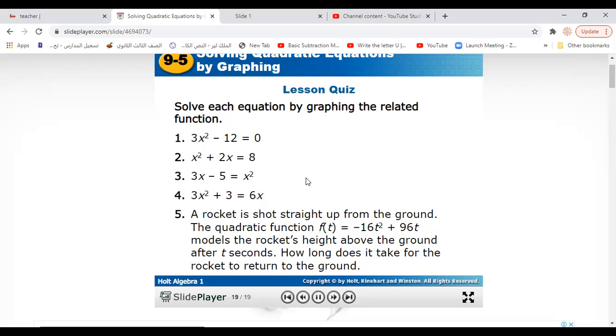The points where it intersects the x-axis will be the solutions for this equation. It could be 2 answers, no solution, or only 1 solution.